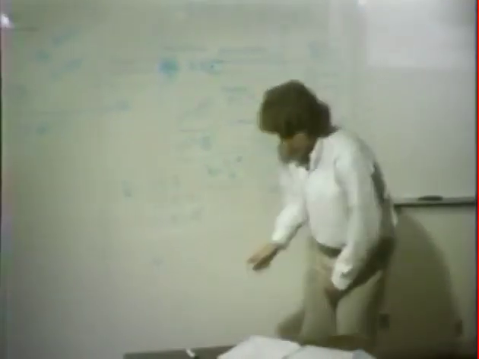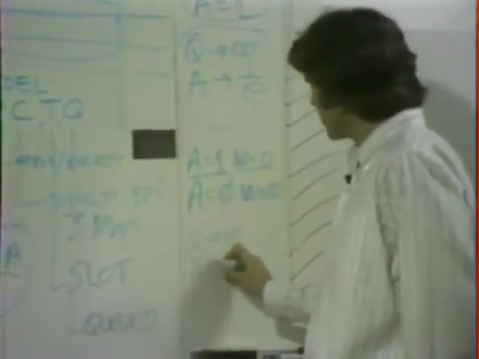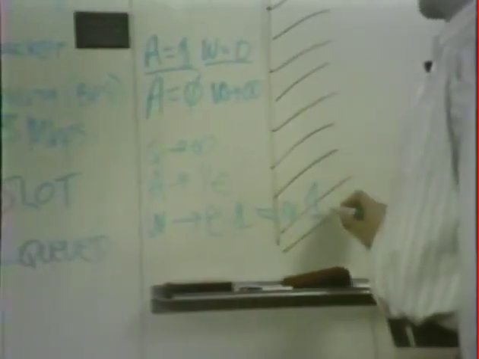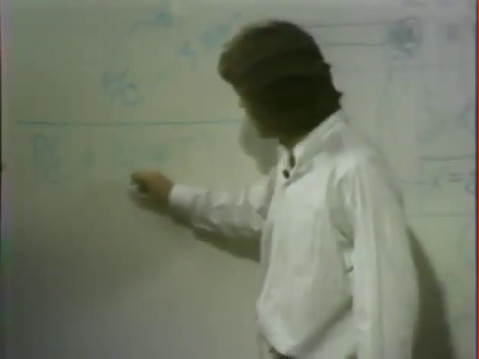And it turns out that as Q goes to infinity, A goes to 1 over E, and W goes to E minus 1. That is, as A goes to 1 over E, W goes to E minus 1, which is approximately equal to 1.7. So for a loaded system with more than 10 users or so, this is effectively 1.7.